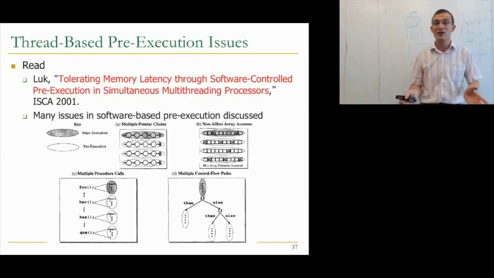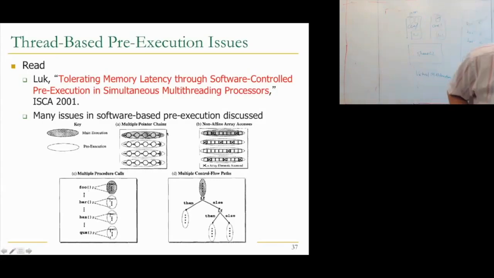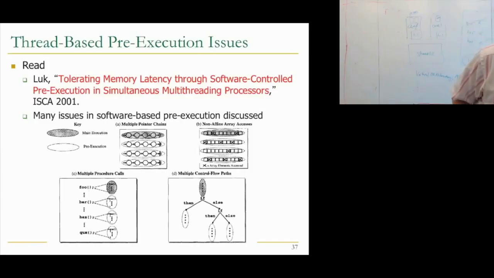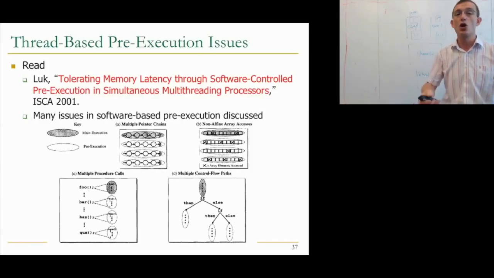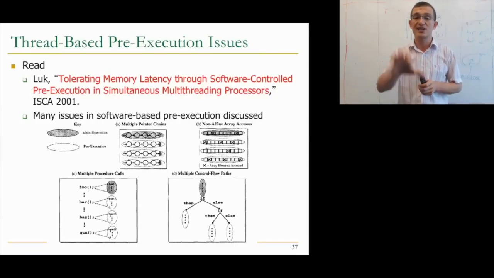If you want to do research in this area, I would strongly recommend this paper by C.K. Luk, on tolerating memory latency through software-controlled pre-execution in simultaneous multi-threading processors. Basically, it discusses many issues in software-based pre-execution, and the goal of this paper is to generate prefetching threads for hard-to-predict data structures.